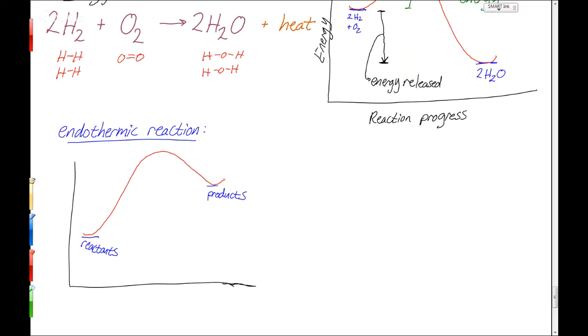But overall, if we look at that same energy difference, the change in energy has gone upwards. So the change in energy is positive instead of negative. And that's energy that's been absorbed in the course of the reaction.